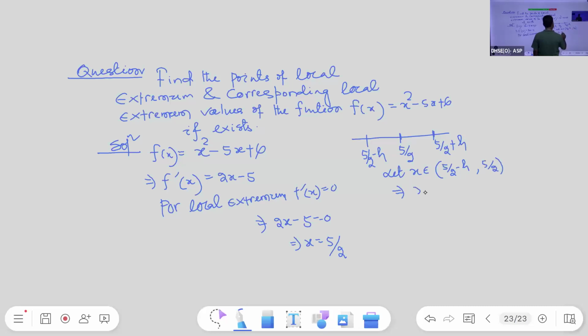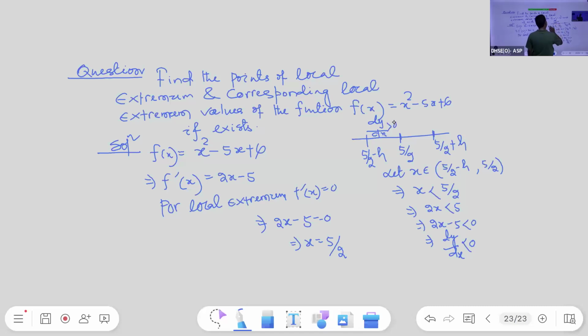This implies x less than 5 by 2, so 2x less than 5. This implies 2x minus 5 less than 0, so dy upon dx less than 0. In the left neighborhood of the point x is equal to 5 by 2, the first order derivative is negative.